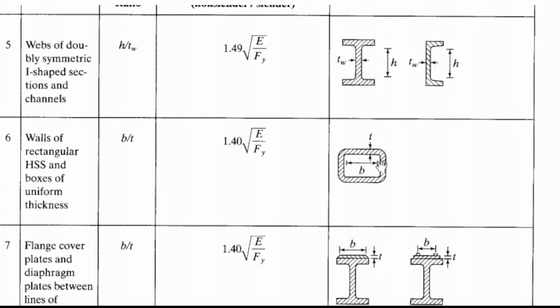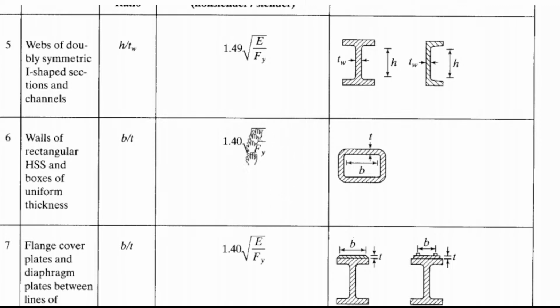So the thickness of the wall, and then b is the longer distance, inside corner to corner distance. So that is b over t. The coefficient is 1.4 square root of E over Fy.